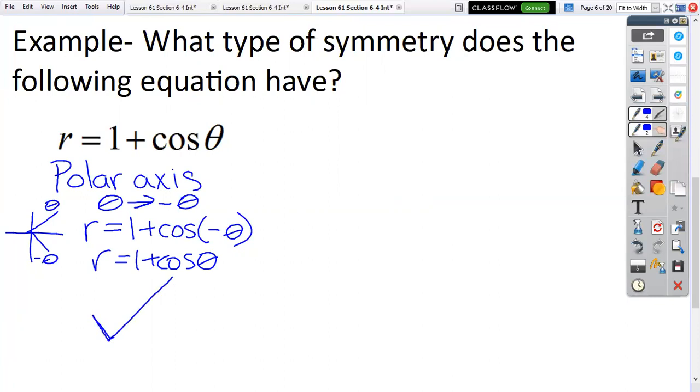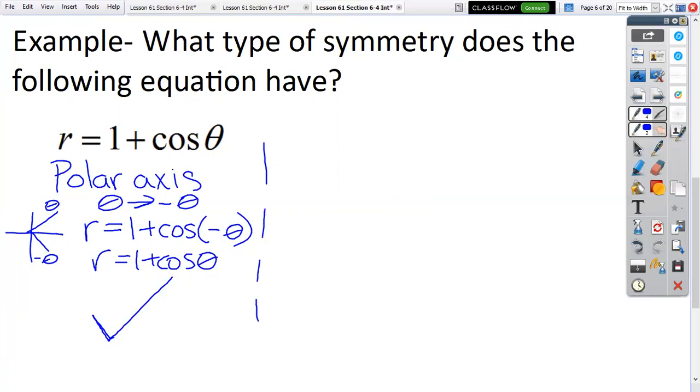So when I find points, I'm going to be able to use that fact to get a lot more points that I don't actually have to solve for. So, you know, how fun was that to plug in a negative theta? I don't know, it wasn't super fun, but was it more fun than making a chart with 6 extra points? I would say yes. I would contend yes to that question.